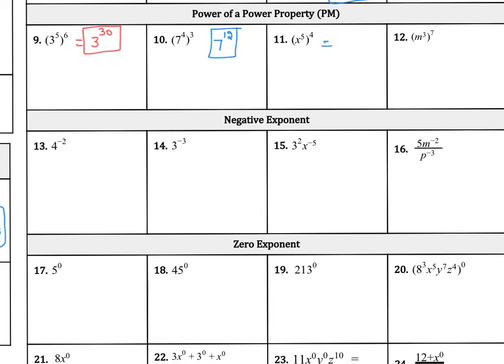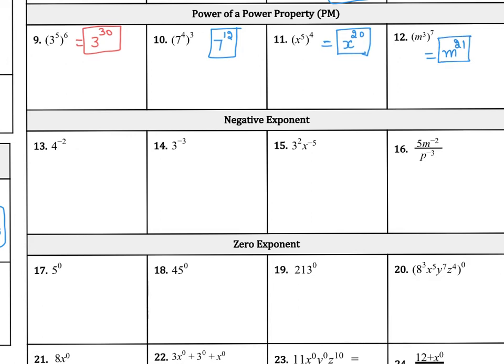For number 11, it's going to be x to the power of 20. And for number 12, you multiply again the power 3 times 7, and that's going to be m to the power 21.